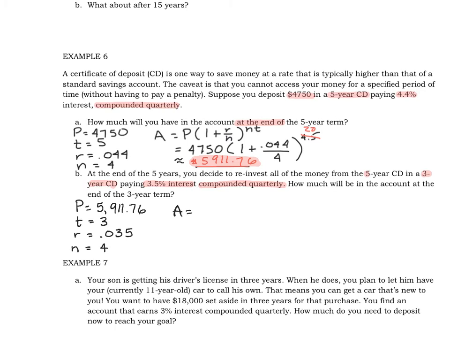So A equals $5,911.76 times 1 plus 0.035 divided by 4 because it's quarterly. And then we have 4 times 3 for my N times T. Now we're going to get 12 there when I multiply that together. And so I get $6,563.26.